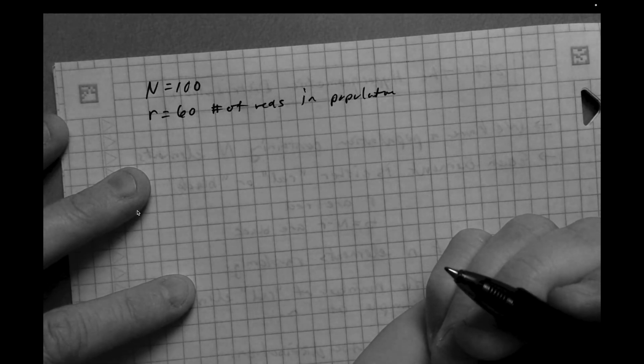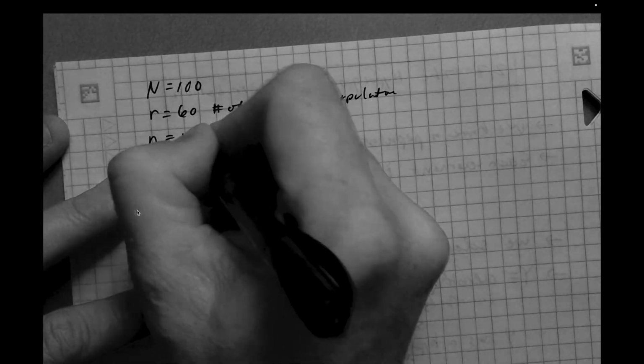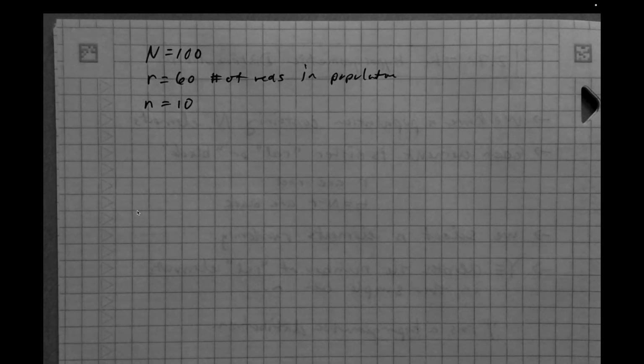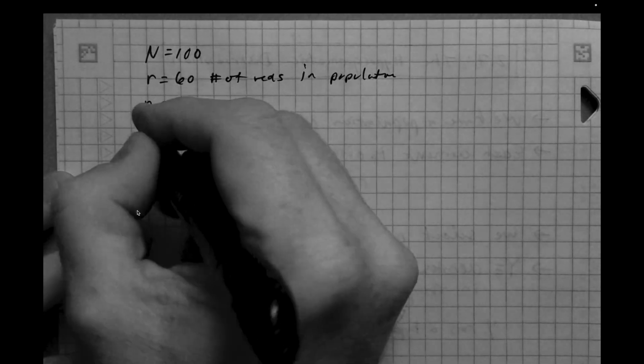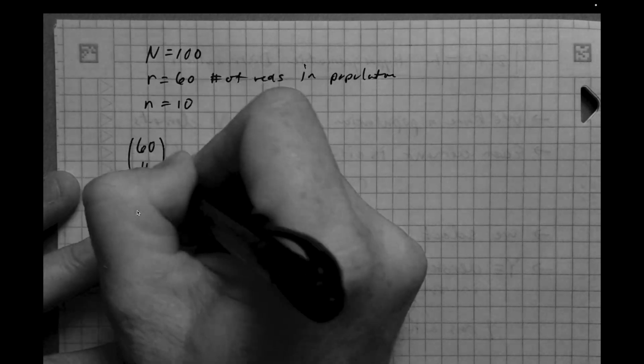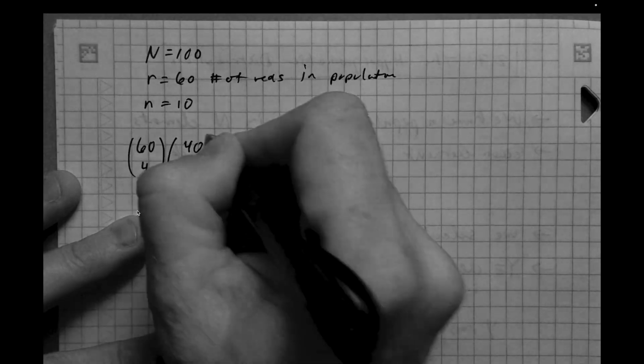Okay, and our sample size is 10. The number of ways to draw samples of 10 items from the urn, where 4 of them are red and 6 of them are black, is 60 choose 4 times 40 choose 6.